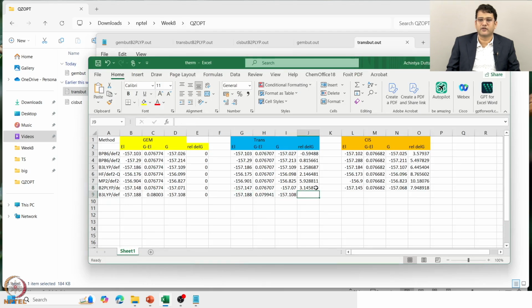Also this is 0.03 electron volt higher than what you get if you just consider this one.